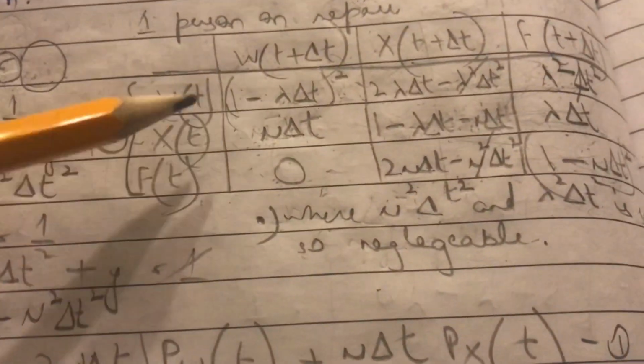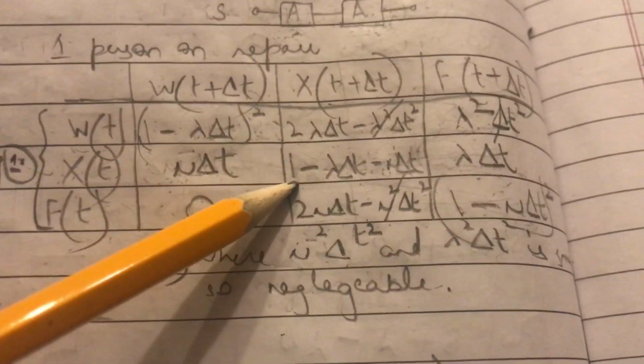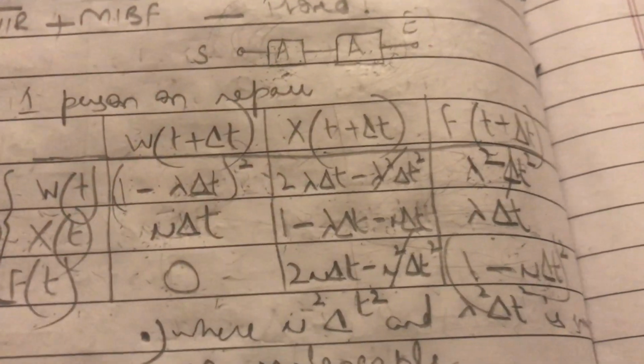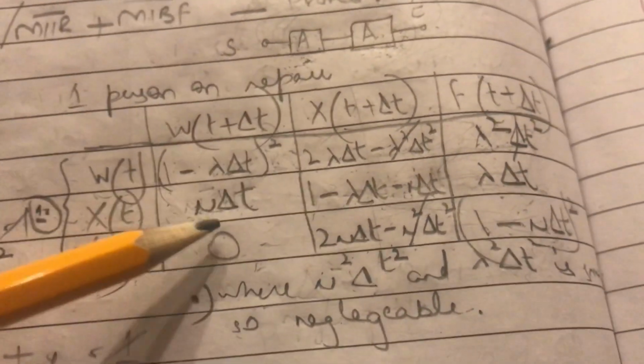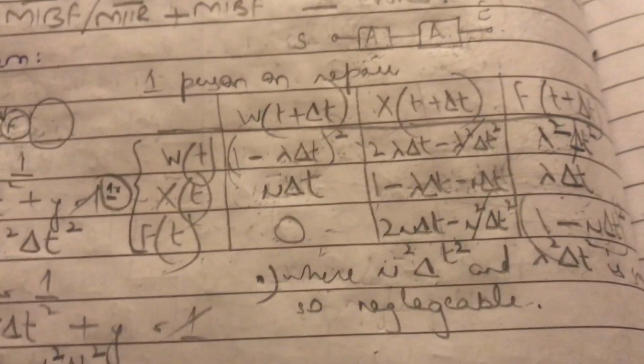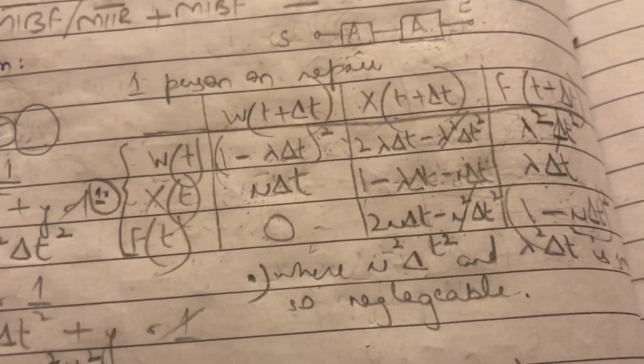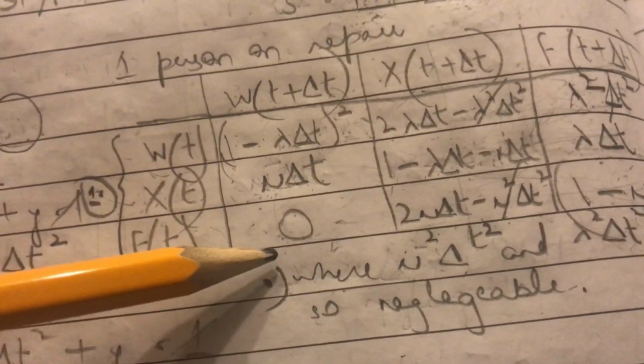The rest is the same. All the equations are the same that we did before. I have explained them in the last video when we were having one component, so you can go from there.